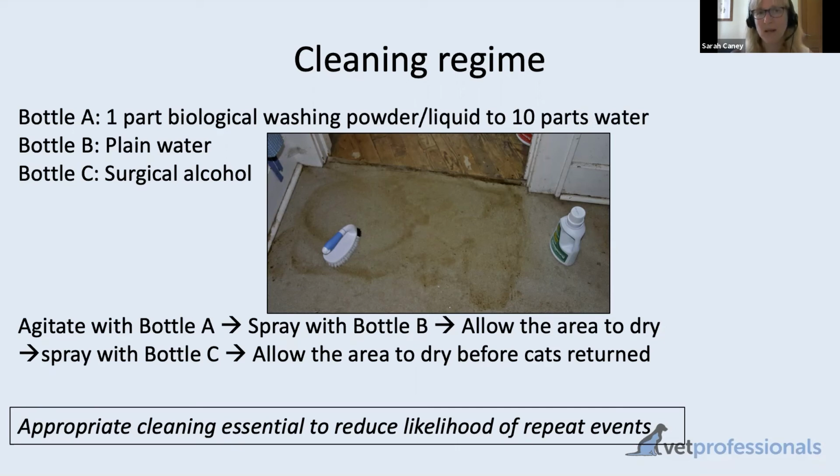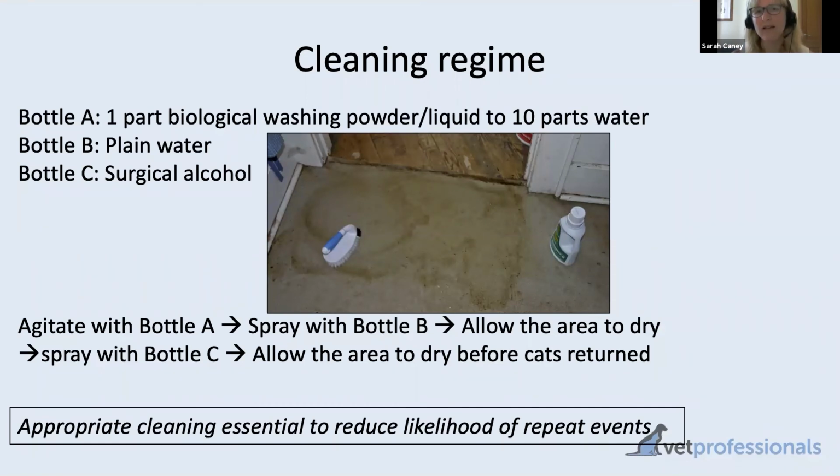The next step really would be ideally to prevent the cat from access to that point for a period of time, so that again any memory the cat has of using that location, perhaps let's say behind the television, that was a toilet, we don't want them to think that's a toilet in the future.